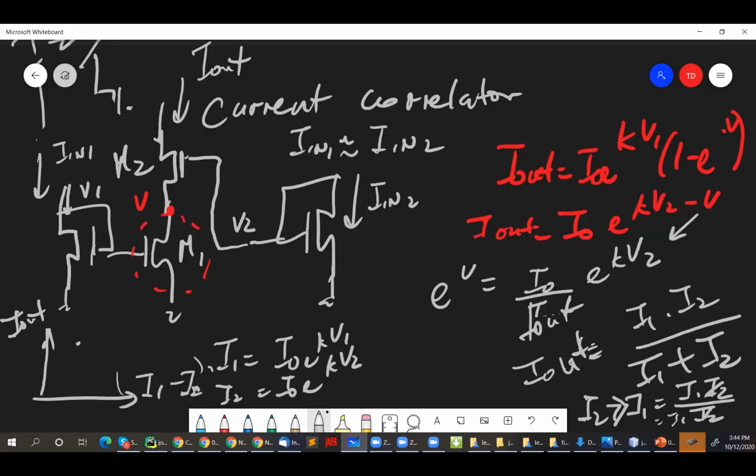Because when I1 and I2 are similar, I get the biggest I out. If either one is a lot bigger than the other, then my I out should drop off, because I out is always the smaller of the 2 input currents. So you get a little bump. That's where we're going with the bump anti-bump circuit. So this tells you how similar 2 currents are.